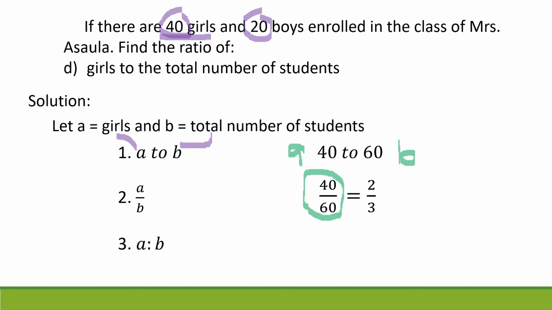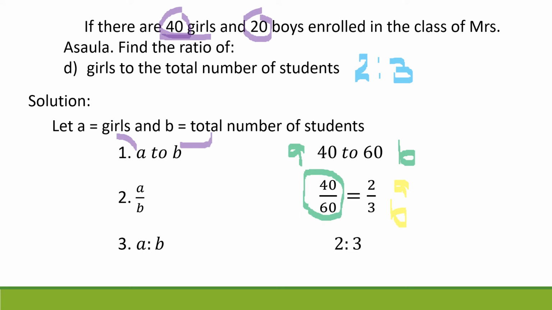For number 3, A is to B. Ang A naman natin ay numerator, ang girls, and ang B natin ay ang denominator o yung total number of students. And that is 2:3. Therefore, ang sagot natin na ratio ng girls to the total number of students ay 2:3.